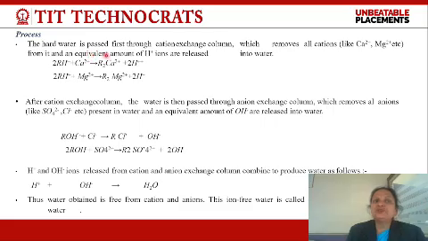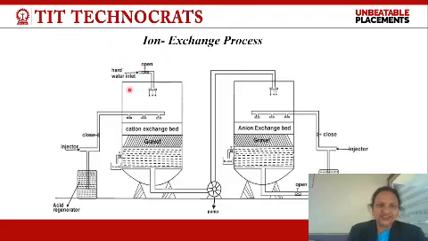The hard water is passed first through the cation exchange column. This is the cation exchange column. The water passes through this inlet. When it spreads over the whole cation exchanger bed, it passes through gravel and comes down.